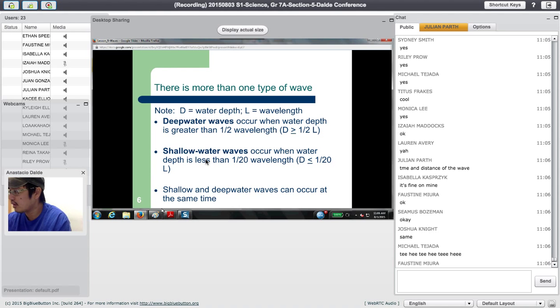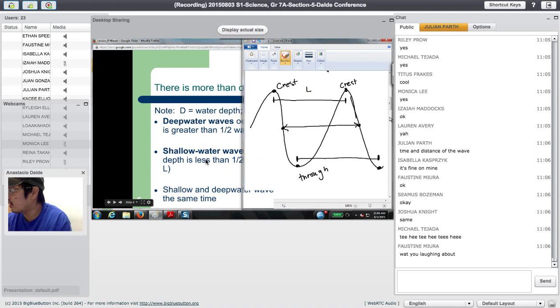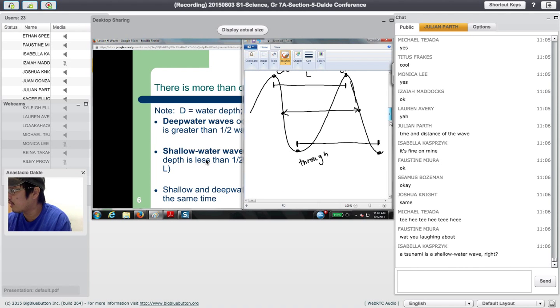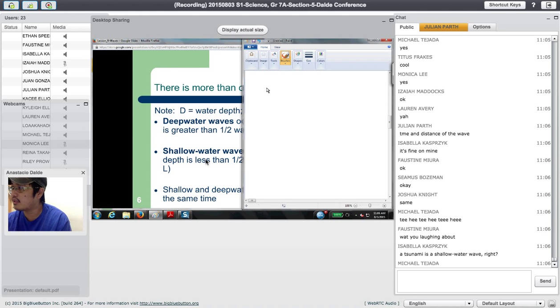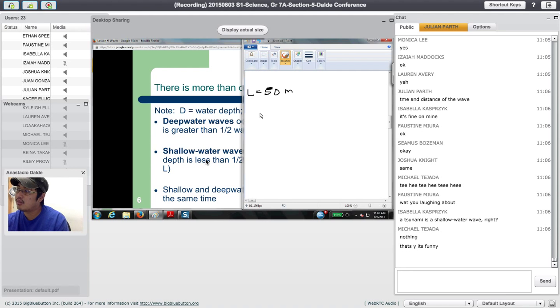Well, I'll measure the length of the wave. For example, let's say the wavelength is 50 meters. Wavelength, we'll call that L. All right? A wavelength is 50 meters. And let's say the depth is 20 meters. Is this a deep water wave?